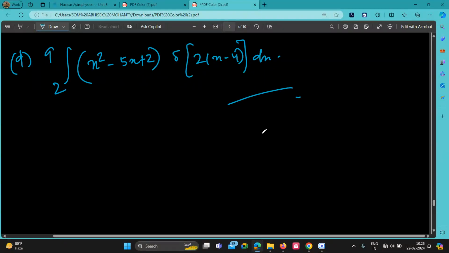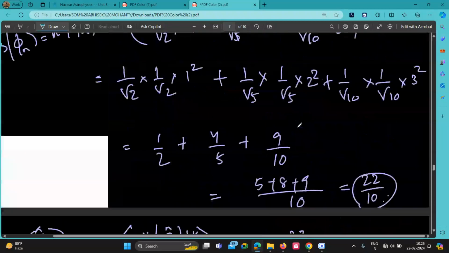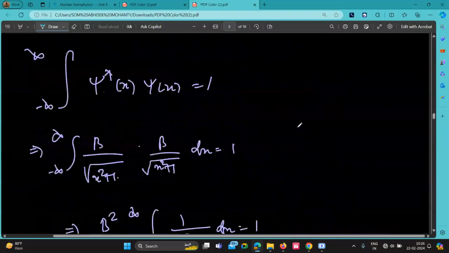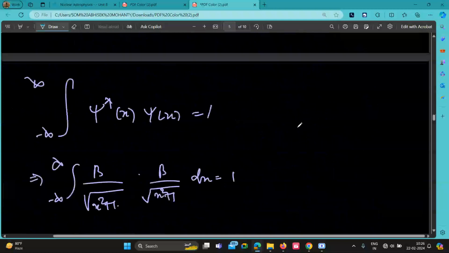So this is the homework. Try this question, and I hope you can solve it. And that'll be it for this class. We'll be solving more questions in the upcoming sessions. Thank you very much.